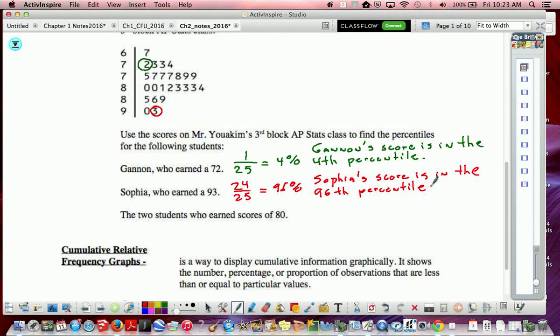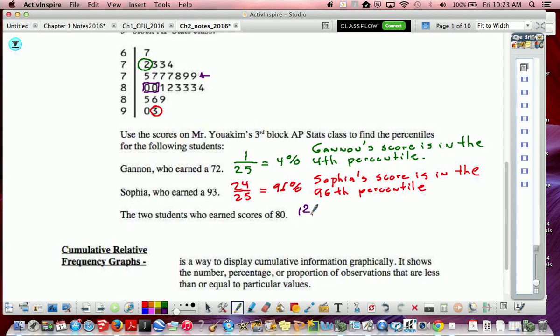All right, the two students that earned a score of 80. So this is the fun part, because some people go, well, what happens if the score repeats? Well, here's my two 80s. I always have to look at the scores that are below. So I don't count one of the scores of 80 in my percentile. So 2, 4, 6, 7, 8, 9, 10, 11, 12.